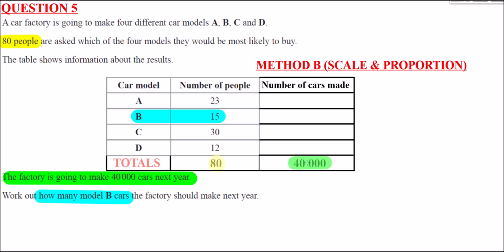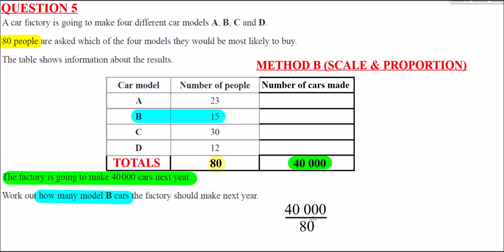So if 80 people in total are representing proportionally those 40,000 cars, in other words, if 80 groups of people are going to be buying 40,000 cars in total, how much would each group or cluster of people, however you want to frame it as a ratio, be buying? So we'd need to do 40,000 divided by 80 to find our scale factor, which would take us from the number of people to the number of cars that should be made.